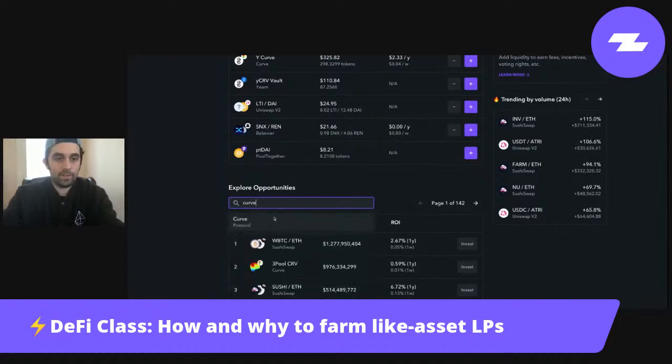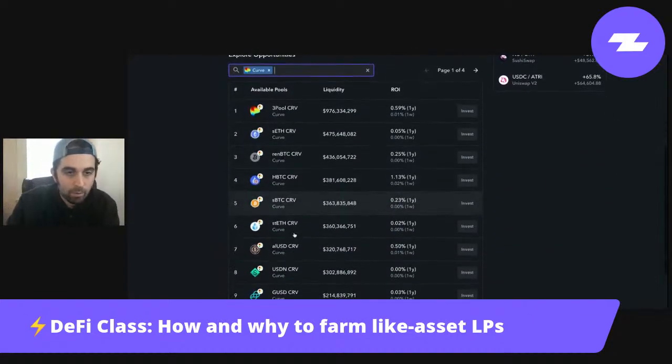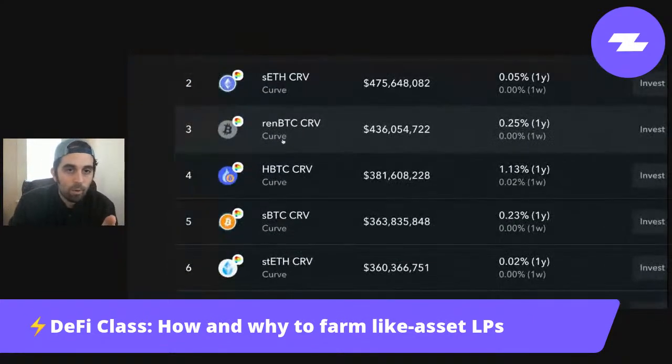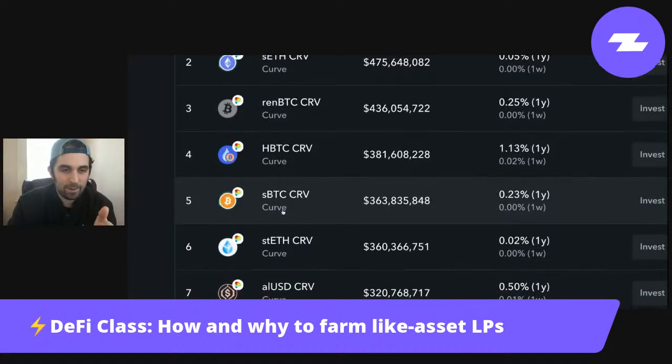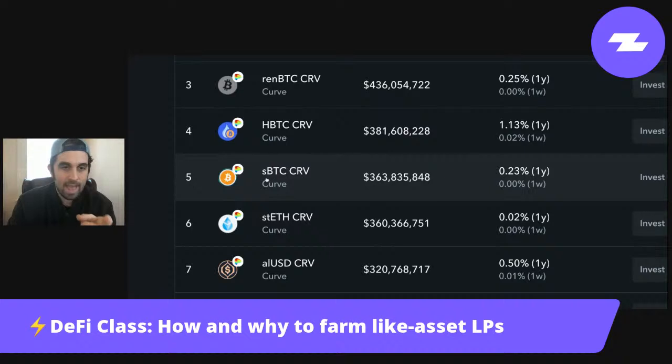Let's go to Curve here a second, look up a wrapped Bitcoin pool. There we go. There's Ren Bitcoin. If I'm holding that, I think that's the Huobi version of their tokenized Bitcoin. This is the synthetic Bitcoin, which is from Synthetix. So these are all different ways that I can remain exposed to these tokens I'm long on.